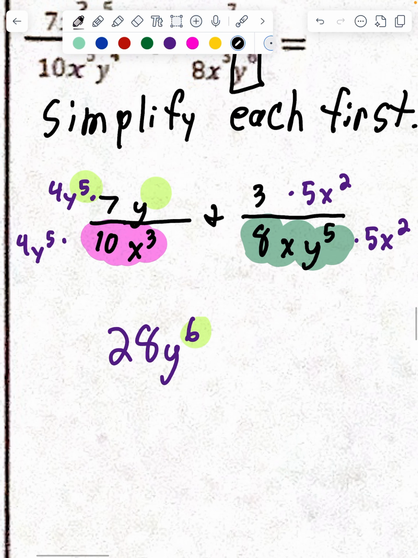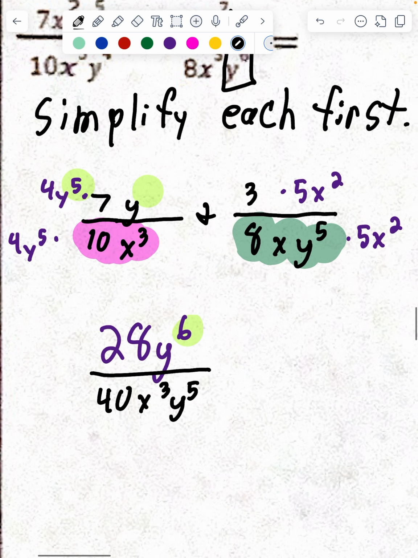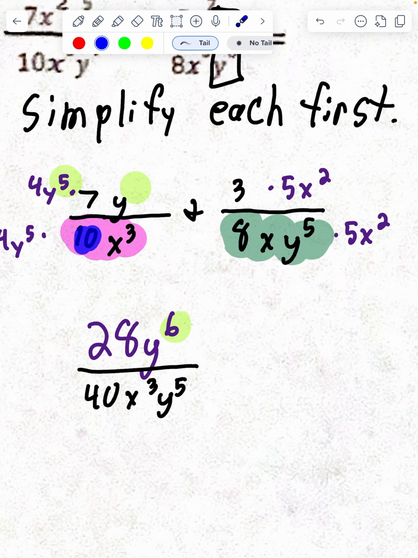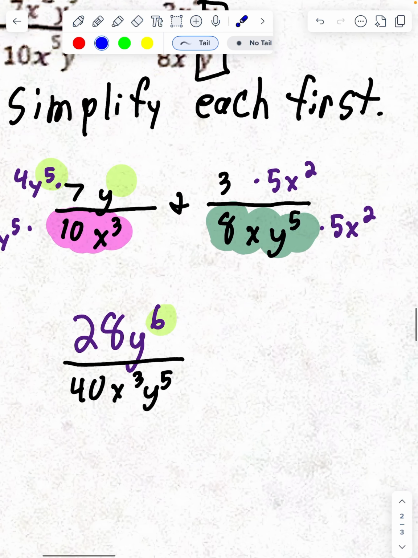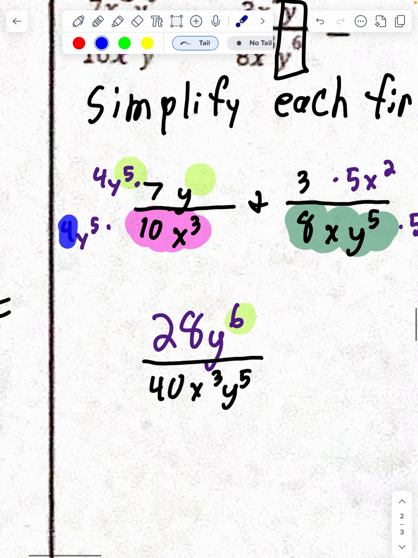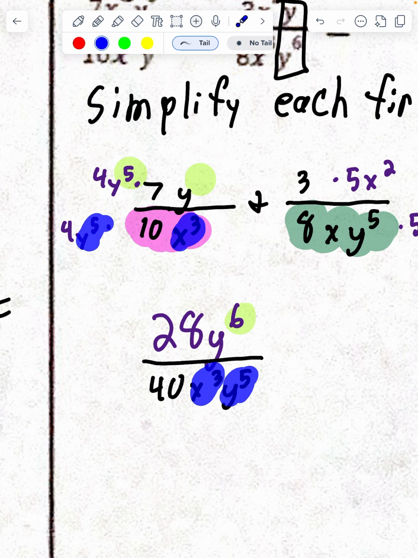My denominator is going to be 40x cubed y to the fifth. And again, it's 10 times 4, which is 40, x cubed times y to the fifth.